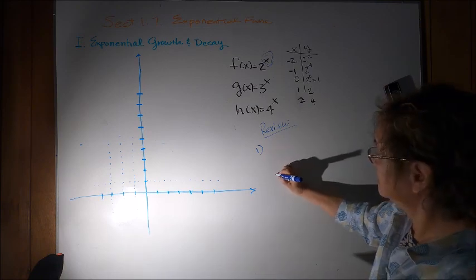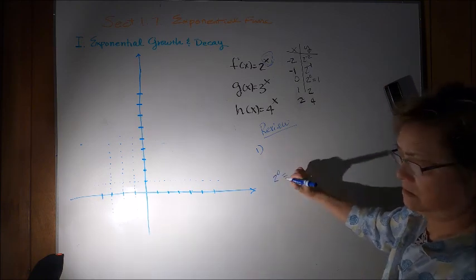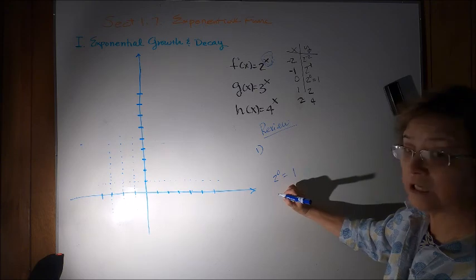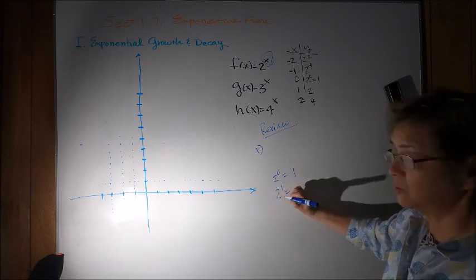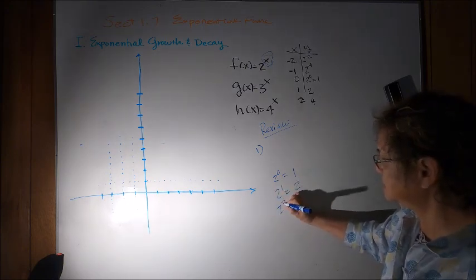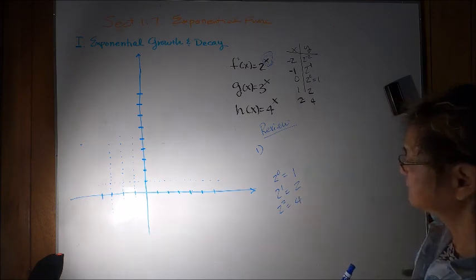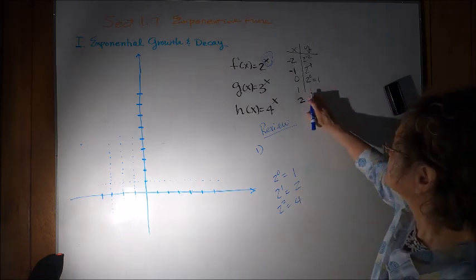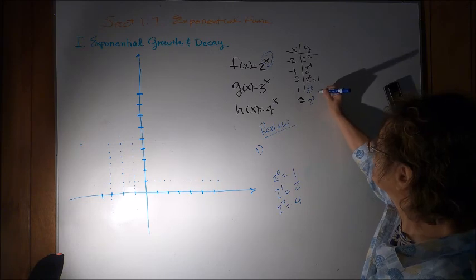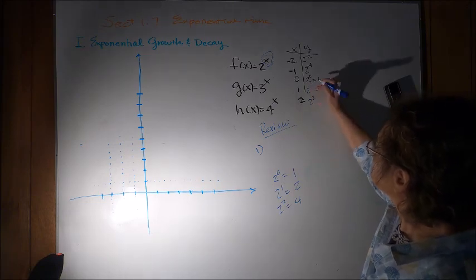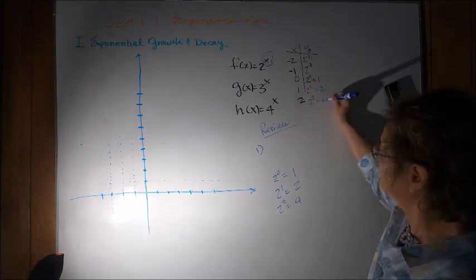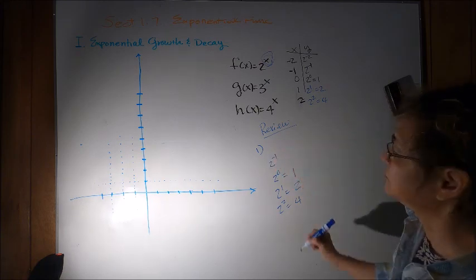Okay, so take a look. What does 2 to the 0 mean? Anything to the 0 power is 1. 2 to the 1 power multiplies itself once, twice, right? So 2 to the first power is 2, and 2 to the second power is 4. What does 2 to the -1 mean?